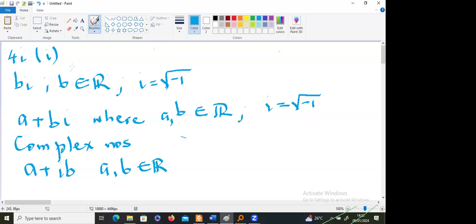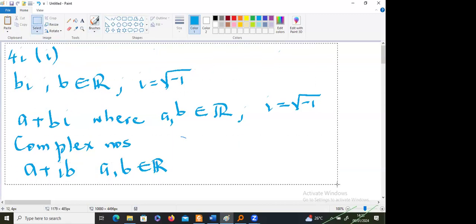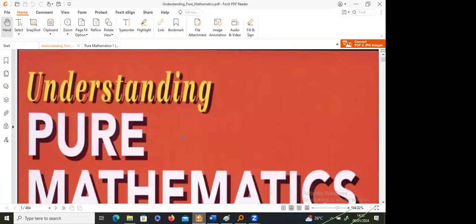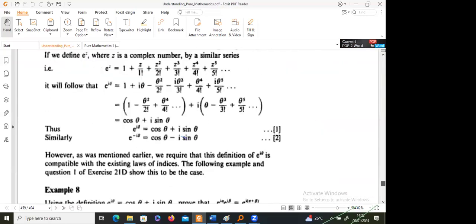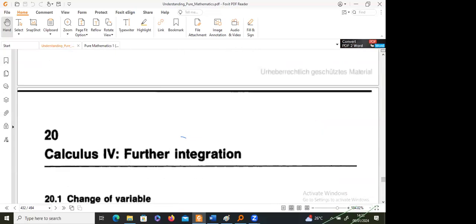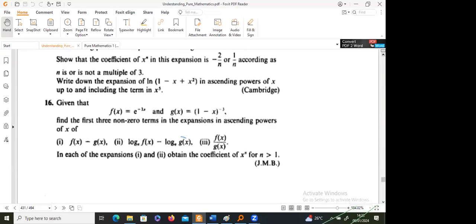So today we want to discuss complex numbers and what is important now for us when we come to complex numbers. Just a minute. Just a minute.